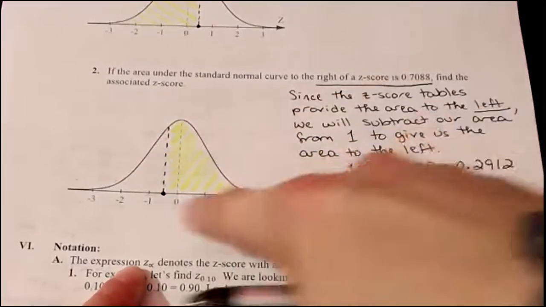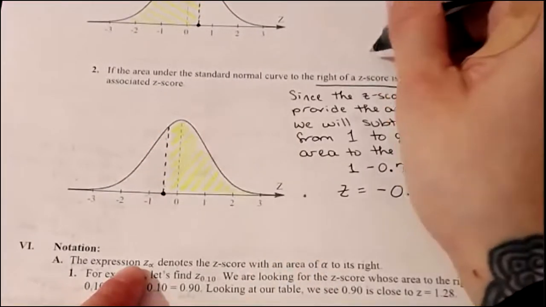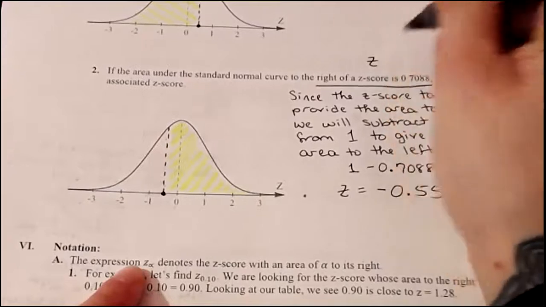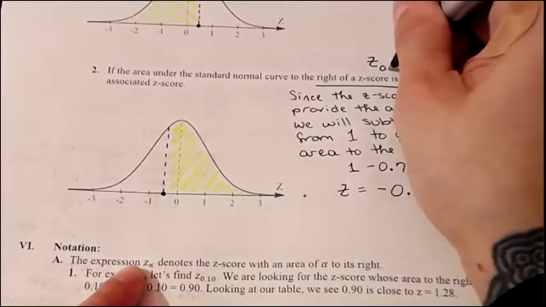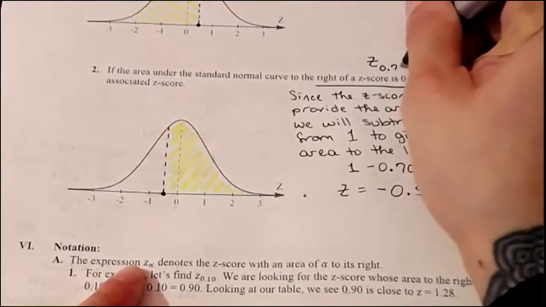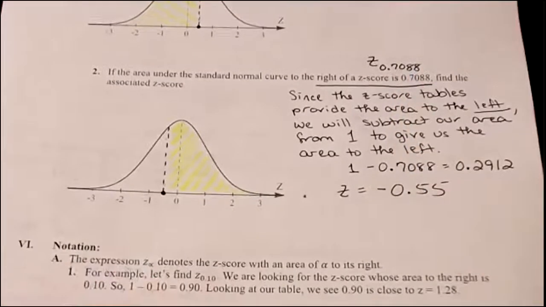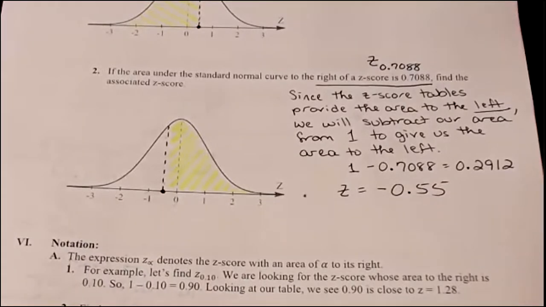Interesting. So let's say we were looking for the z-score that had an area to the right under the curve of 0.7088. That's actually how we would write this problem using this notation.